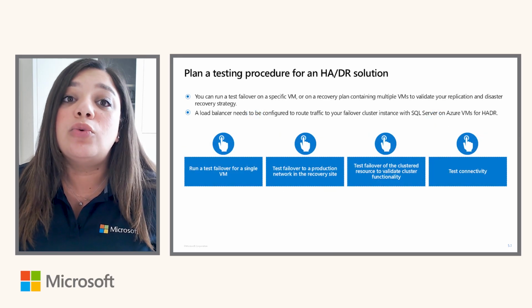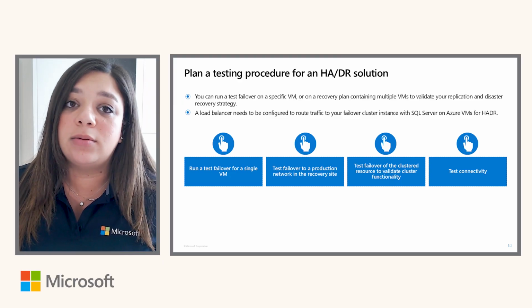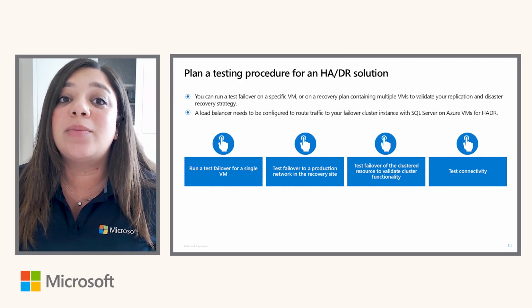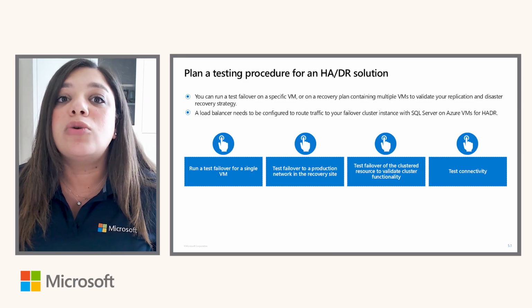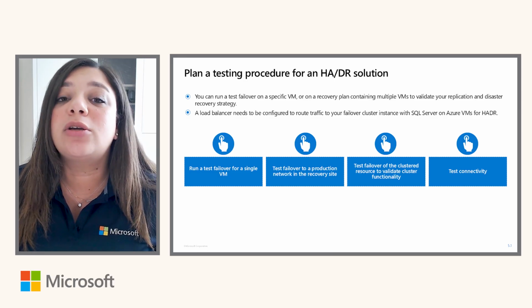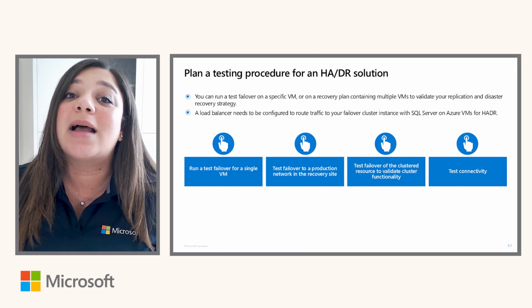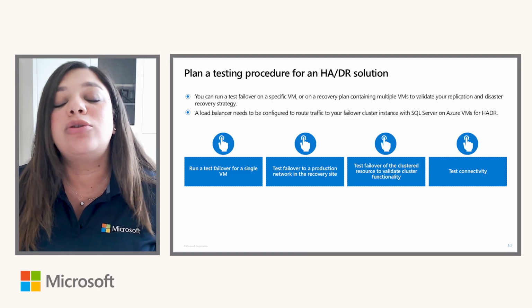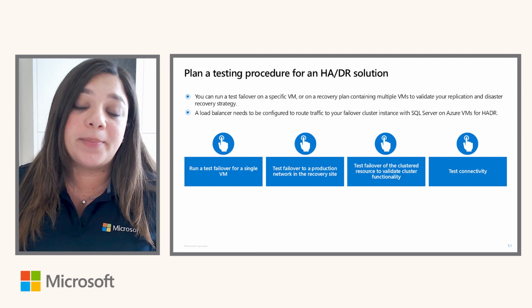Testing those solutions is crucial to ensure failover works as expected. So you might find in the exam that they present you scenarios where you need to choose the right testing approach, so also be aware of the key testing steps. Another important consideration here is how the load balancer comes in and how it has to be properly configured to direct traffic to the failover instance when using SQL Server on an Azure VM.